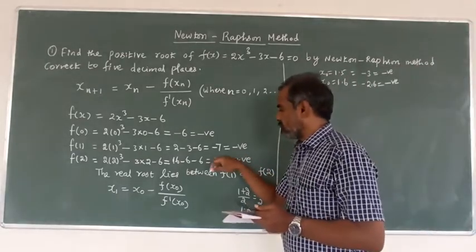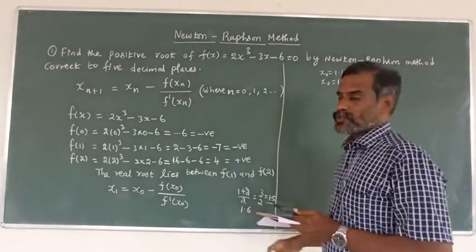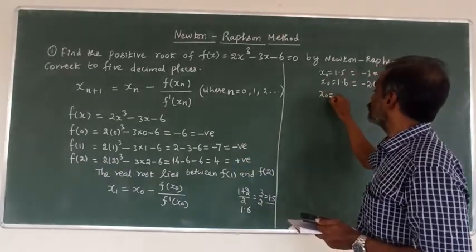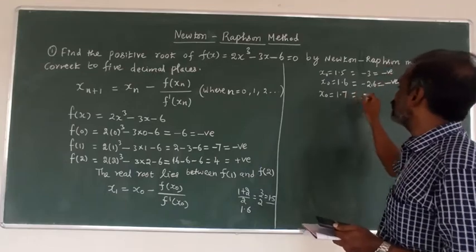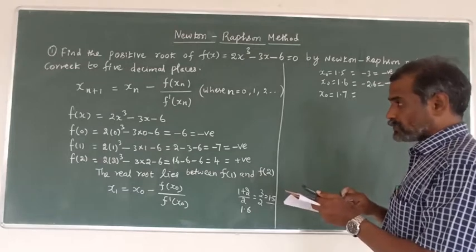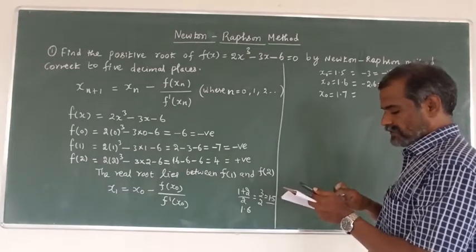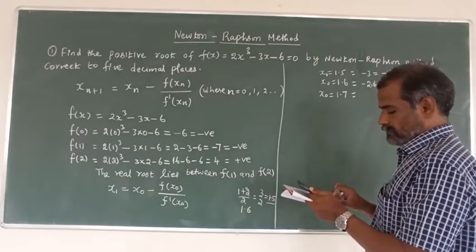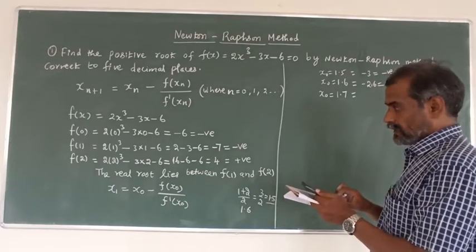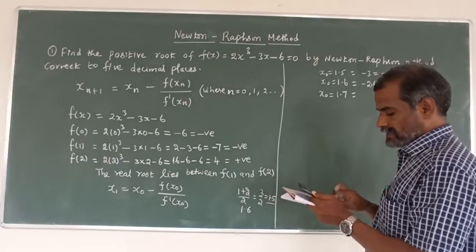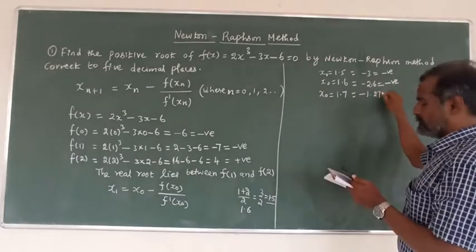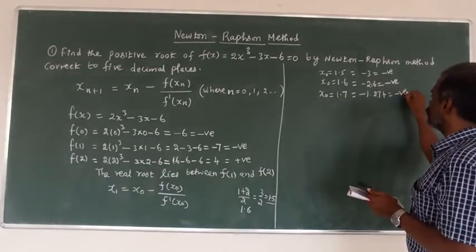This is also not very close to the positive value, so we increase the x naught value to 1.7. Now substitute 2 into 1.7 cube minus 3 into 1.7 minus 6. The result is minus 1.274.